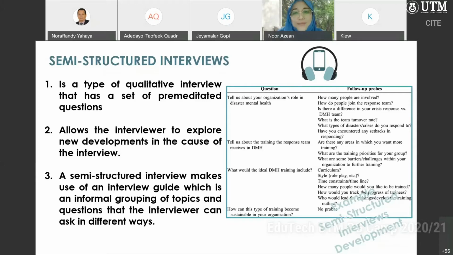Most of the time, students come to me asking why, Dr. Zan, so many things? But after they do the interview, the follow-up probes actually help a lot in their research.